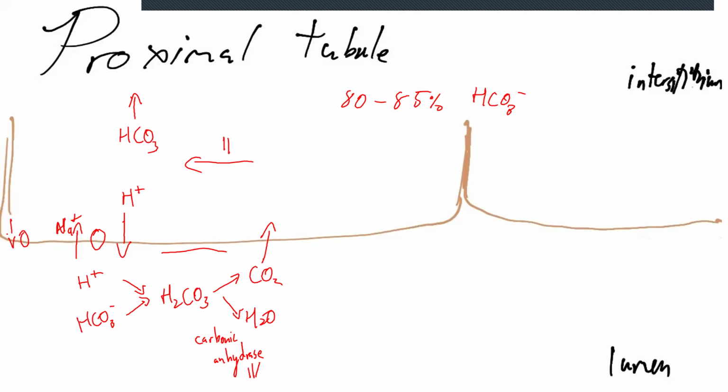All right? Now, the proximal tubule has one other function, which helps to regulate the hydrogen concentration, and that is it helps to produce ammonium. So this is ammoniogenesis.